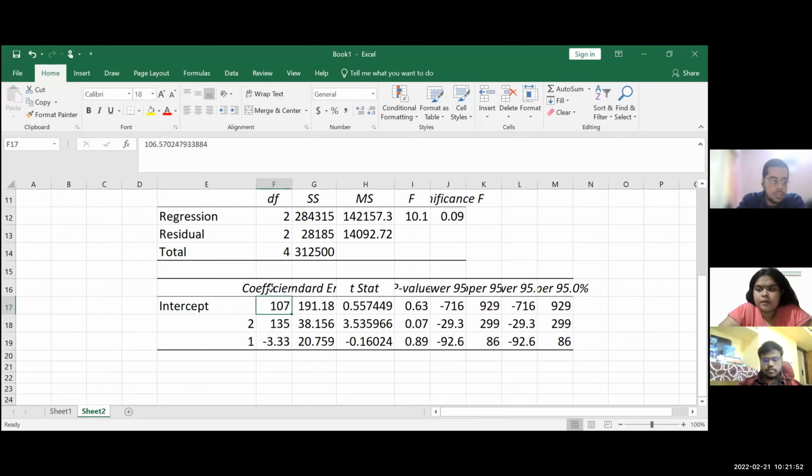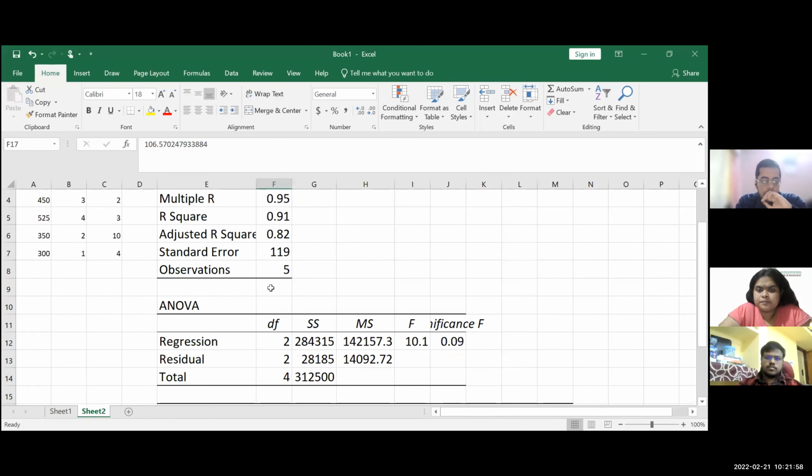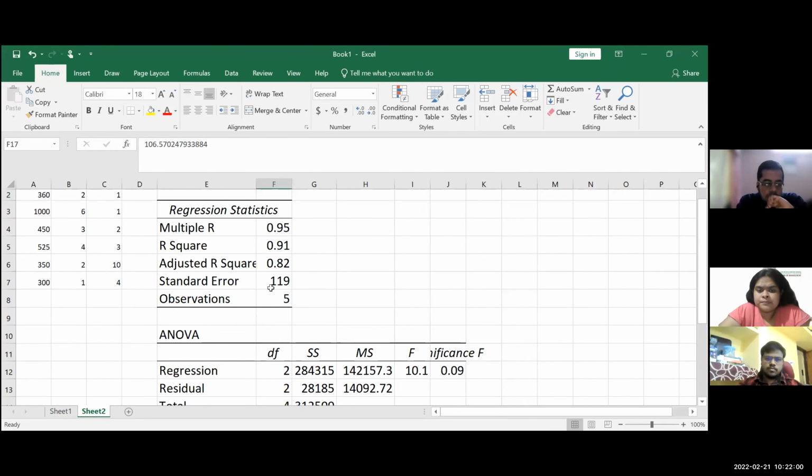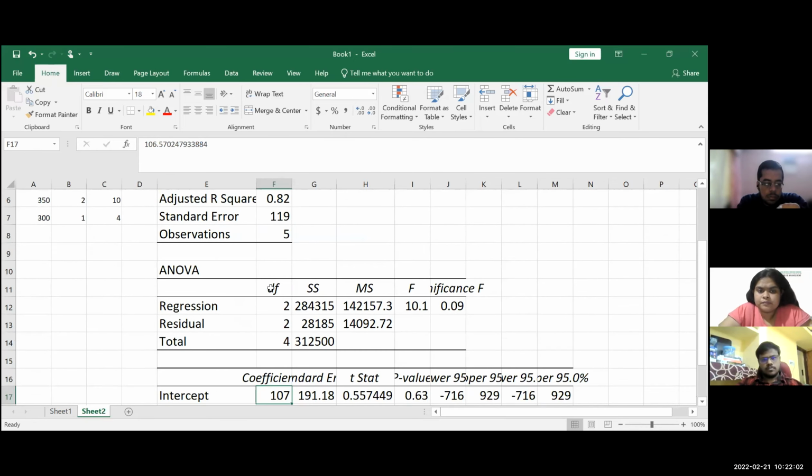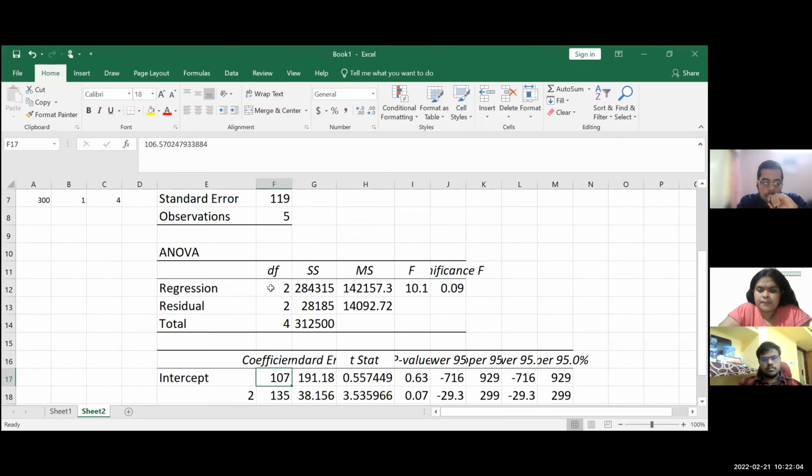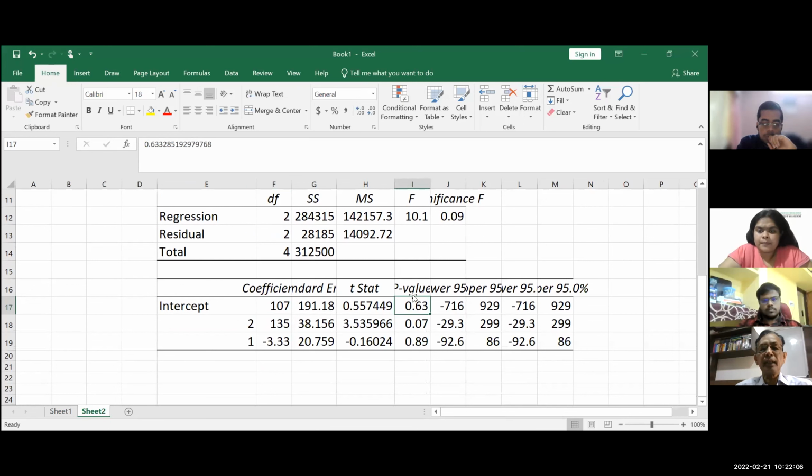Kamlesh, what is the final significance p-value? The terminology will be a bit different. What I had shown was SPSS output. This is Excel output. Can anybody guess and tell which is the final p-value? The one that is 0.09.